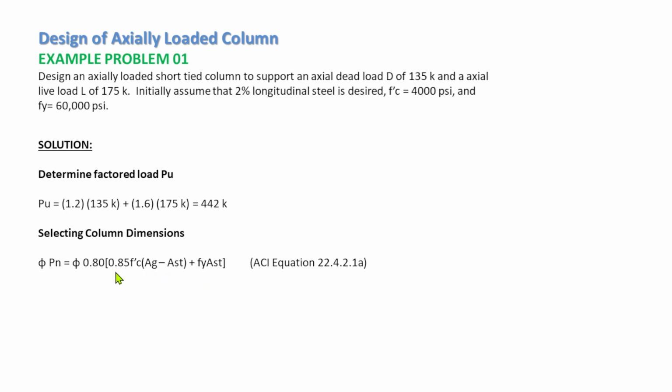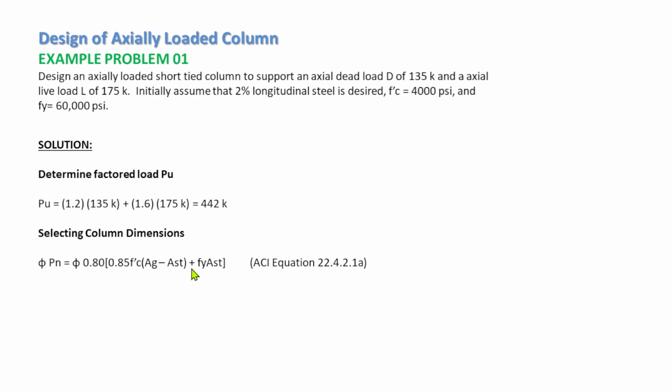This formula is very easy to remember because we have only 0.85 fc', which is always the stress of the concrete, times the net area of the concrete. So we have the gross area less the area occupied by the steel. So that is for concrete.